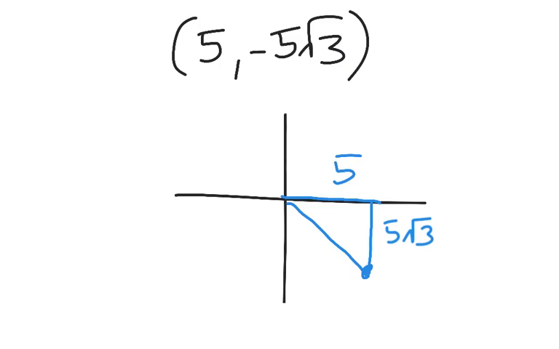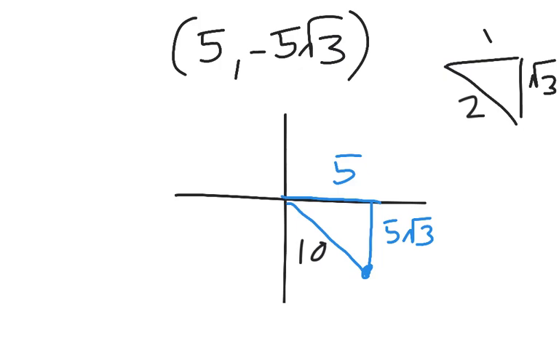And so to me, I can see, just from the ratios alone, that this is some version of a 30, 60, 90 special right triangle. Because here, this side length, if I divide by 5, is 1. This side length, if I divide by 5, is radical 3. So I know this side length is supposed to be 2. So if I divided this number by 5, I would get 2, which means my hypotenuse is a length of 10.